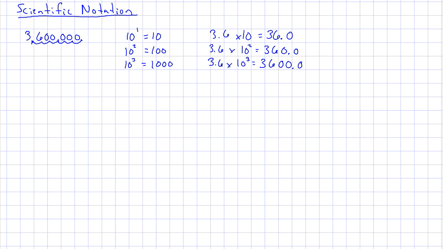So instead, we always stop here at kind of the last value, and this would be 3.6 times 10 to the 6th, because I moved 6 spots. So in order to convert this back into a whole number, I move that decimal place over to the right 6 times. So this is how we will handle moving numbers into and out of scientific notation.